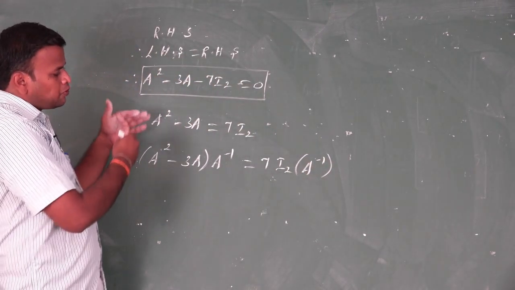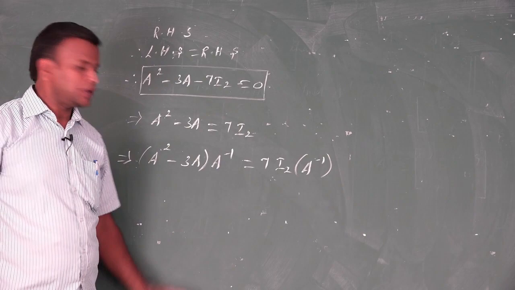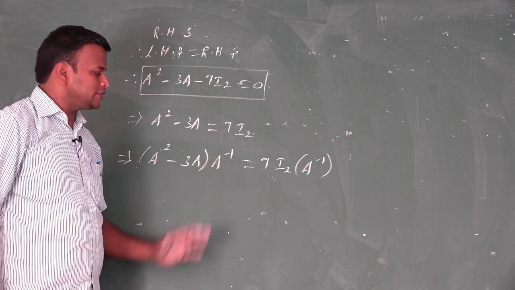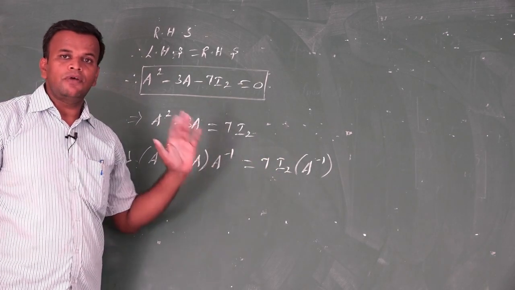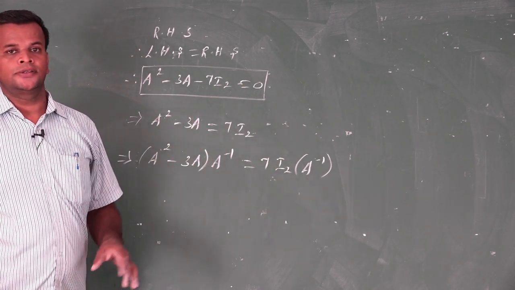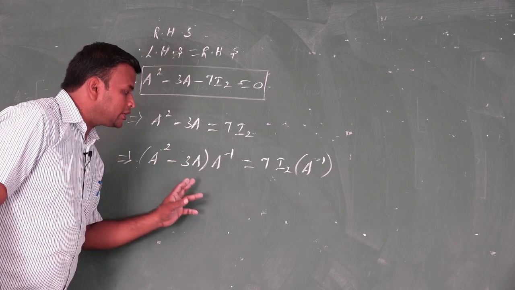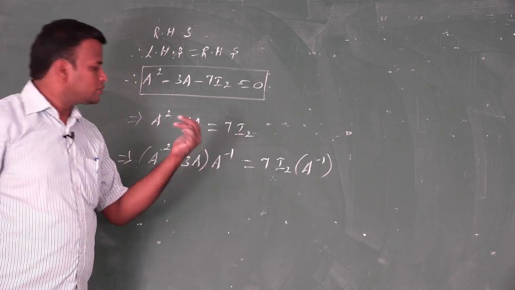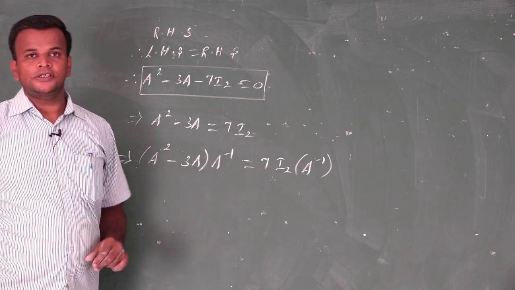I post multiply A inverse on both sides because this is an equation. I multiply the same matrix on both LHS and RHS, so the value cannot change. What is the particular reason to multiply A inverse? We need A inverse, so I post multiplied A inverse on both sides.